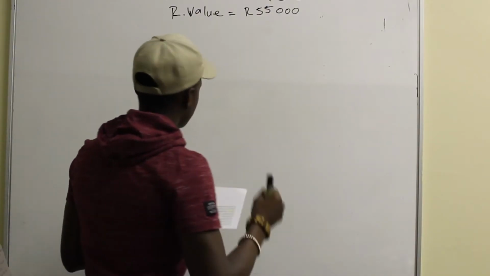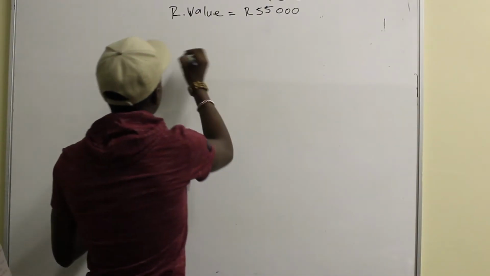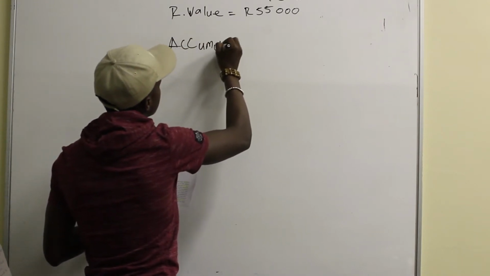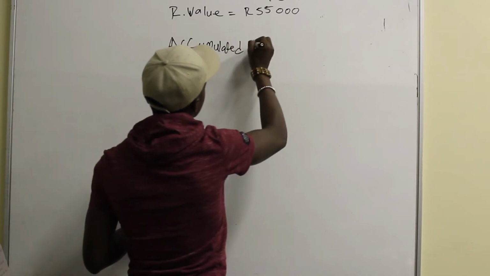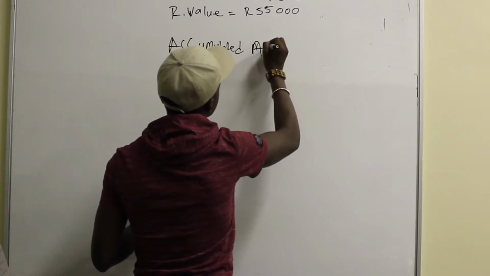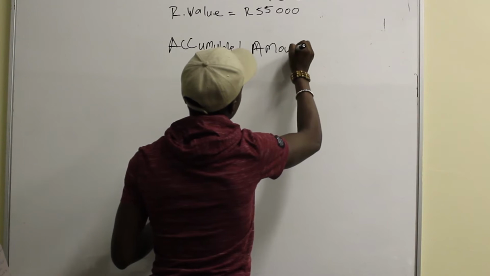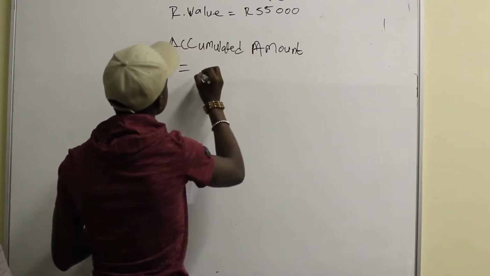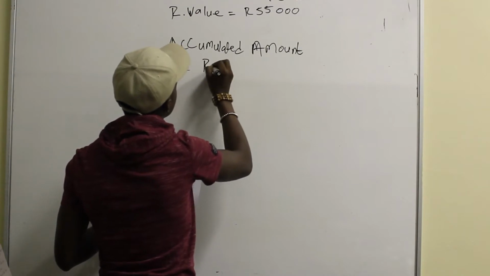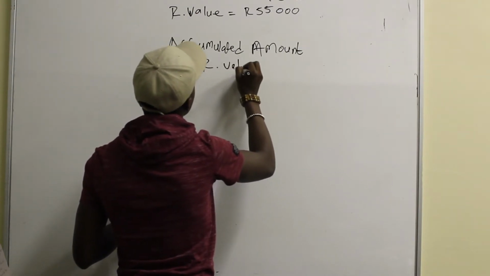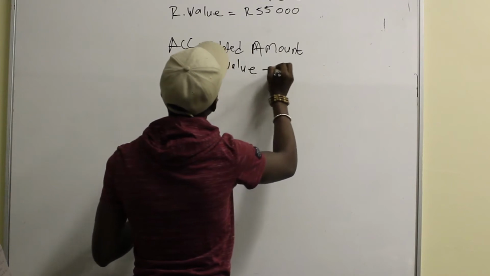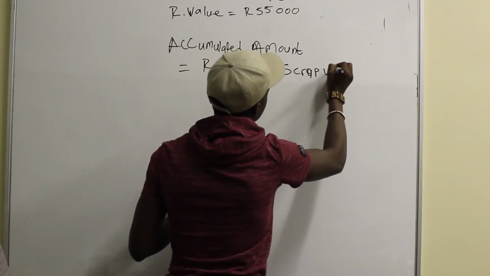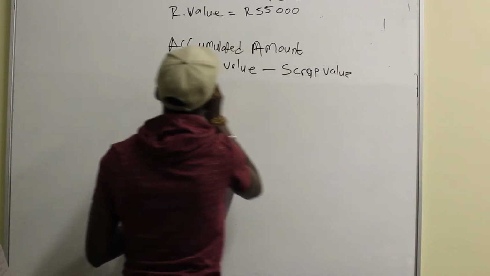So what I should start with first is to find the accumulated amount, which is the replacement value minus scrap value, right?